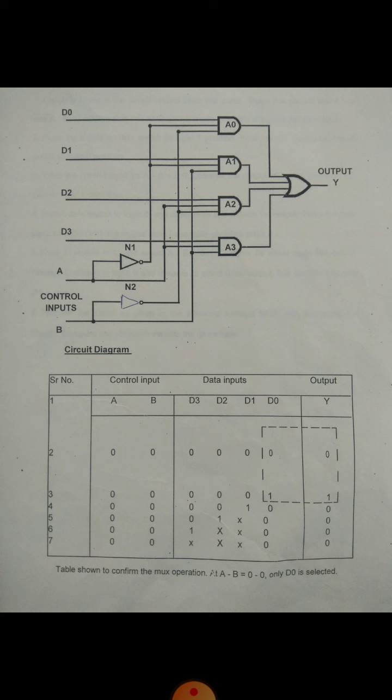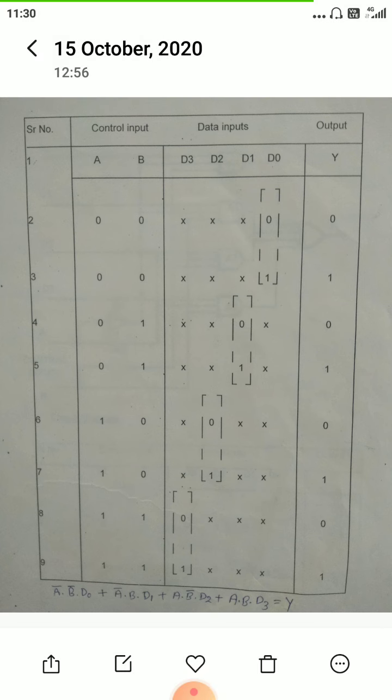Similarly, you can check during simulation for all combinations: for 0 1, only your D1 will appear at output. For control input 1 0, your D2 will appear at output. And similarly, when the control input is 1 1, only D3 will be selected and appear at output.